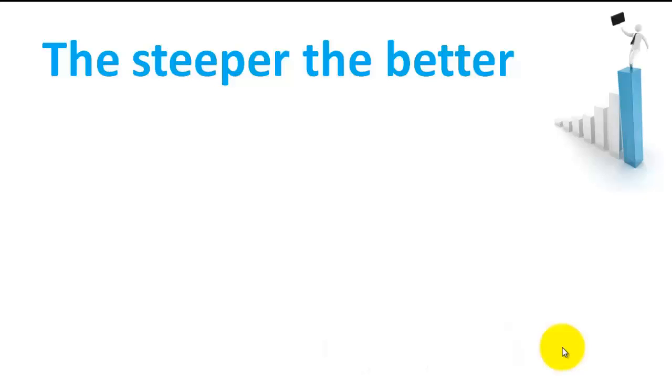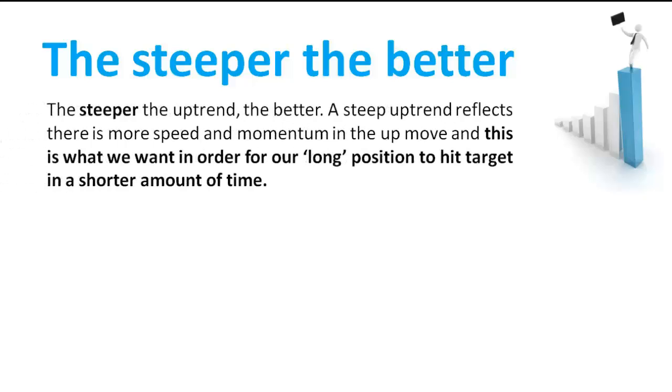So the steeper the moving average is facing, or sloped should we say, the better. It essentially means that speed and momentum is higher in favor of the direction where the moving average is pointing. And that's what you want, speed and momentum, in order for our position to hit target in as short an amount of time as possible.